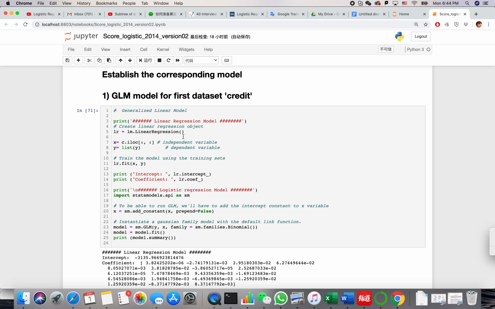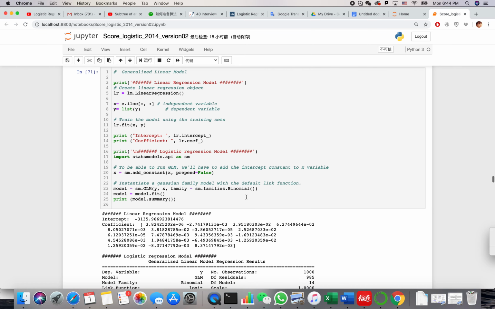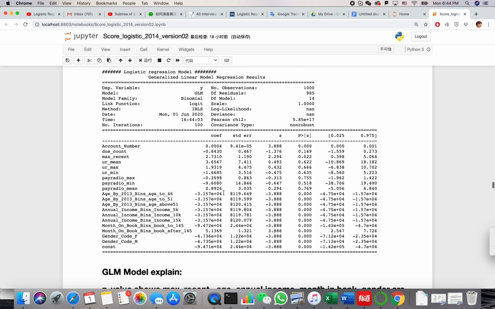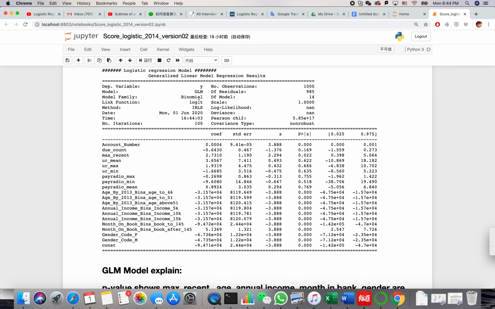The first model is the GLM model. We run that, choosing the binomial family, and then we get this result.